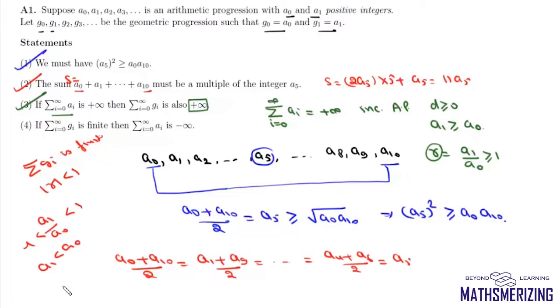Now if A1 is less than A0, then basically the common difference is less than 0, and if the common difference is less than 0, then the sum of infinite terms of an AP will be minus infinity. That means statement 4 is also correct. So all the 4 statements 1, 2, 3, 4 are correct.